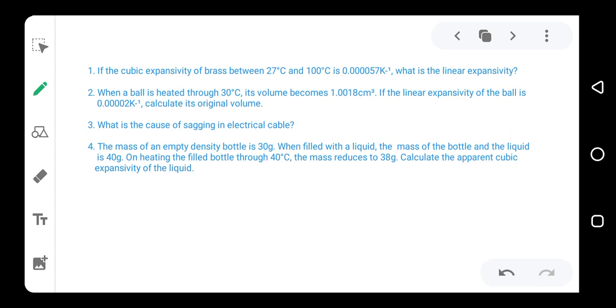Relative density is the density of a substance all over the density of water, or the mass of a substance all over the mass of equal volume of water, or the weight of a substance all over the weight of equal volume of water.